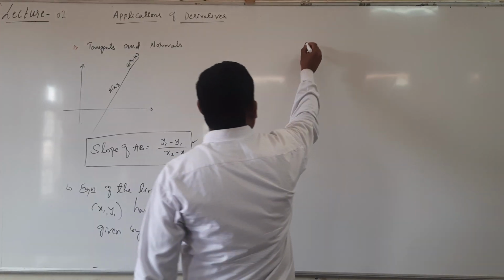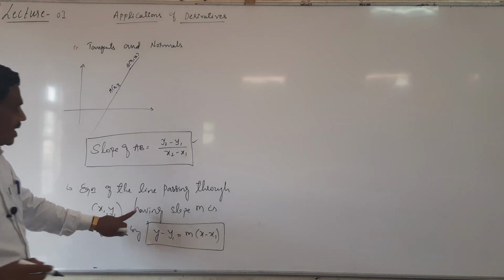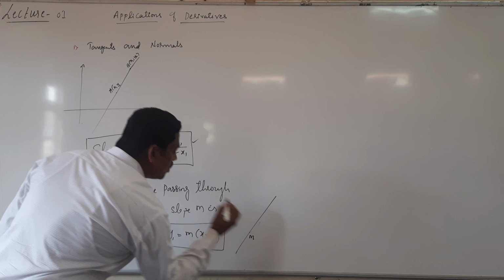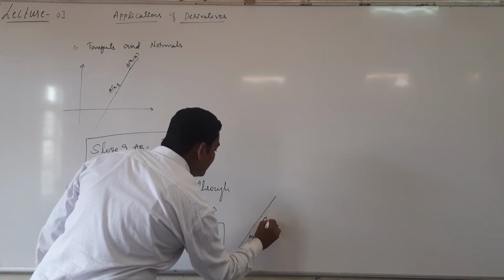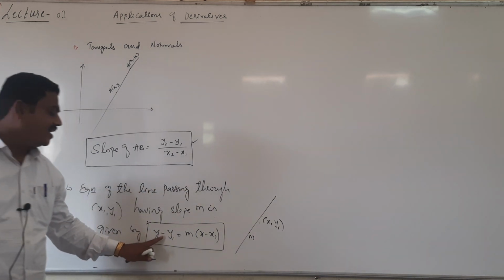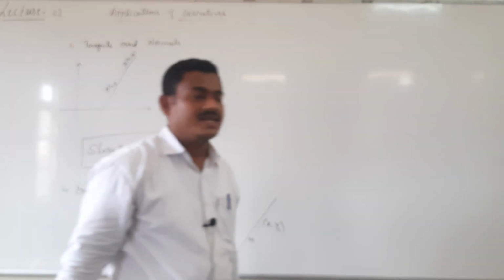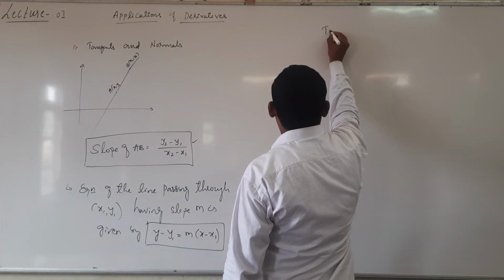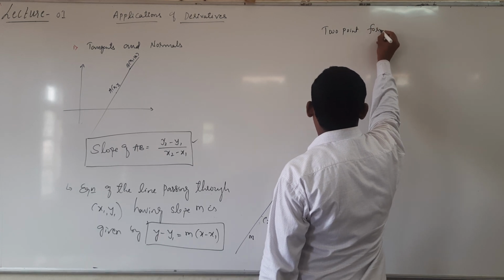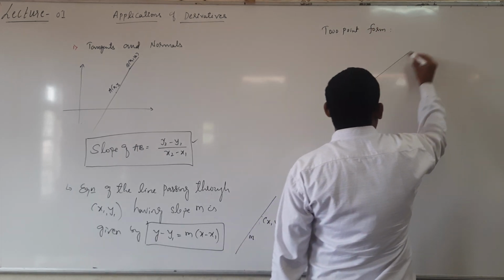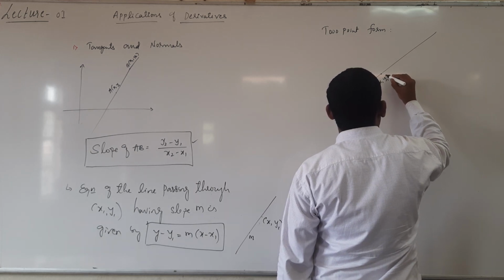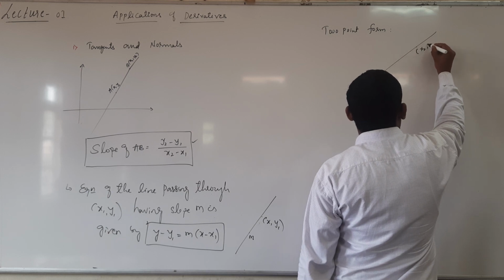Next, 2 point form. For a line with slope m passing through the point x1 comma y1, the equation is y minus y1 equal to m into x minus x1. Then 2 point form means equation of the line passing through 2 points x1 comma y1 and x2 comma y2.